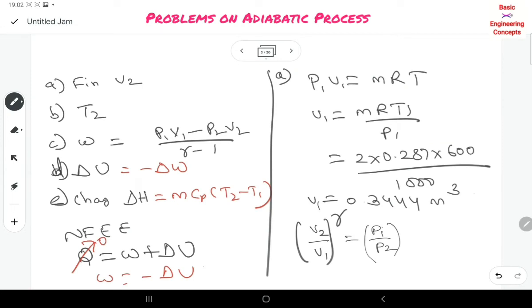By using this relation, you can calculate V2. So you should transfer this gamma to the other side in order to free up this term.